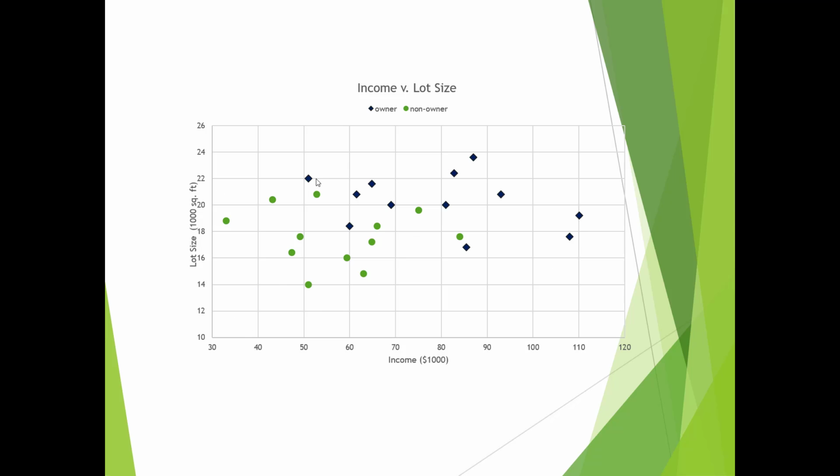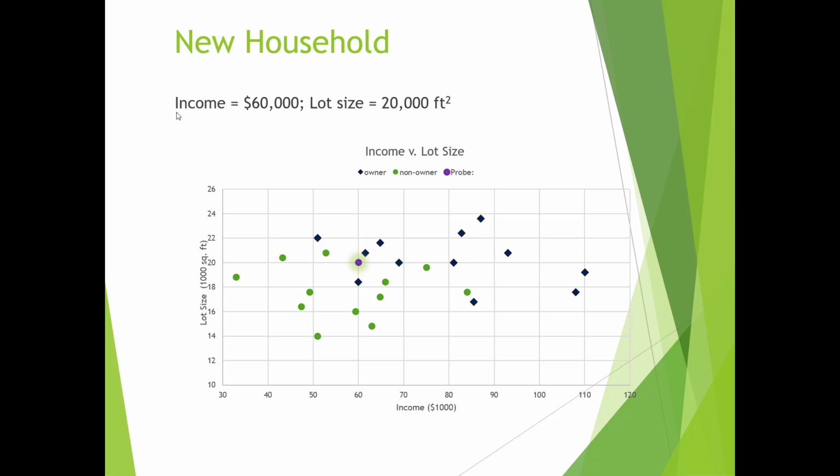So here the green circles are non-owners, and the blue diamonds are owners, right? Now if you have a new observation coming in, with income equal to 60,000 and lot size equal to 20,000, that's going to get plotted right here, okay?